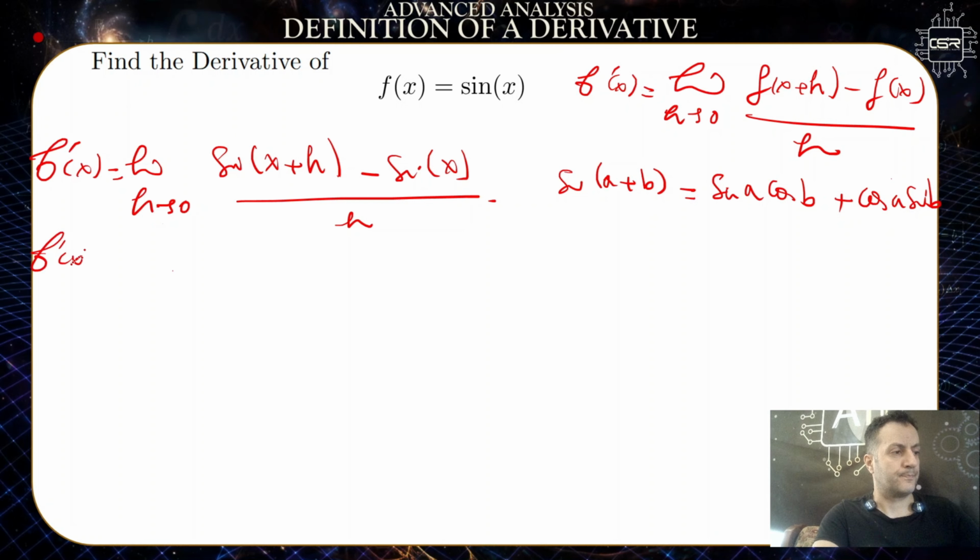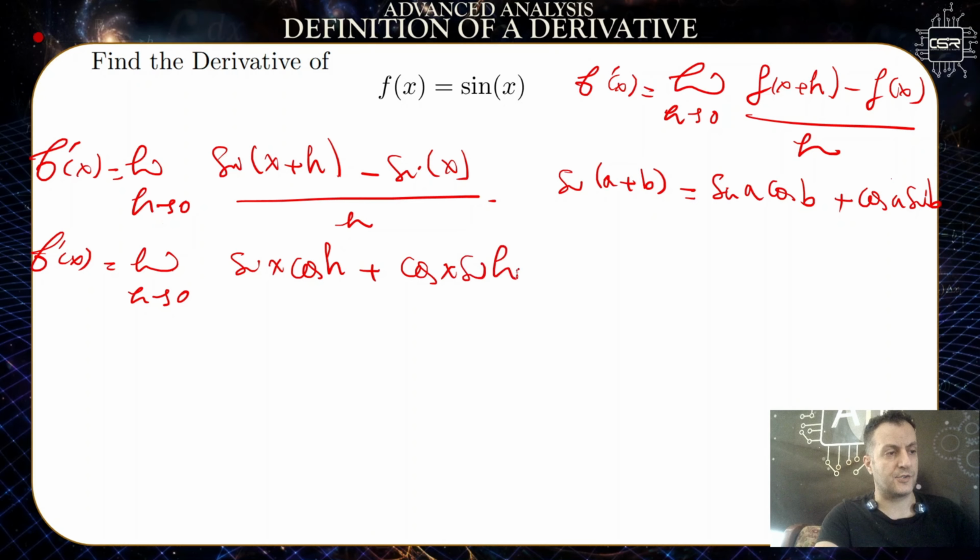So f prime of x is equal to the limit as h approaches 0. Let's develop sine x plus h. It becomes sine x cosine h plus cosine x sine h. Then we still have minus sine x in the numerator divided by h.